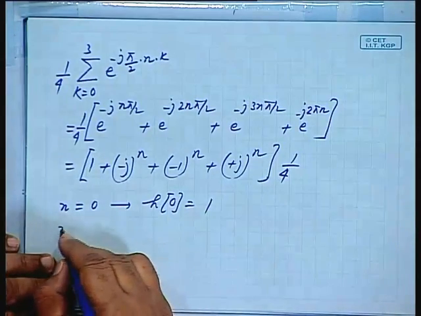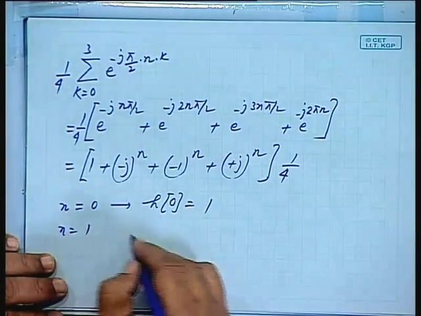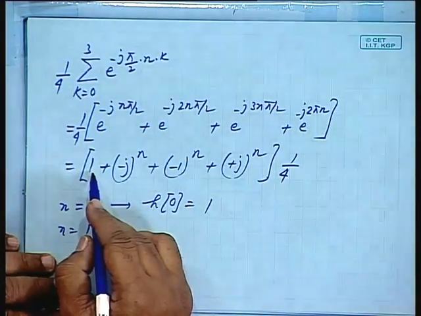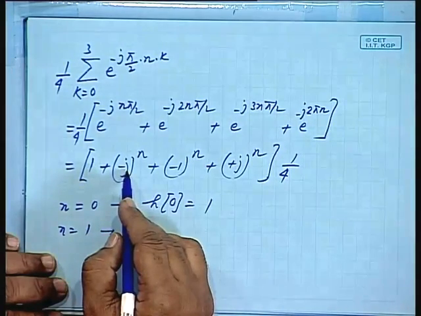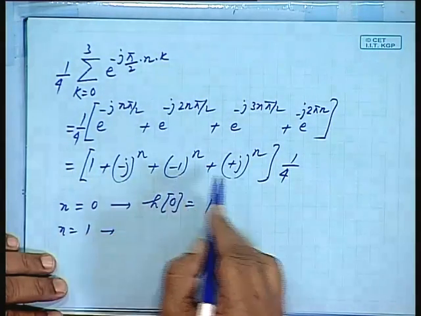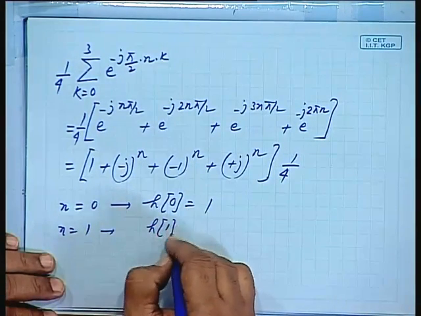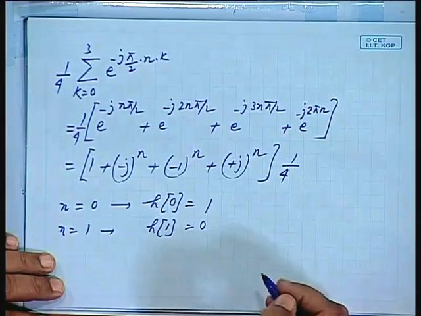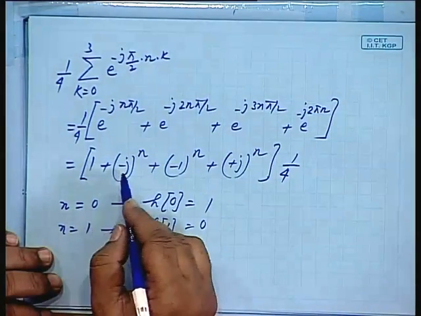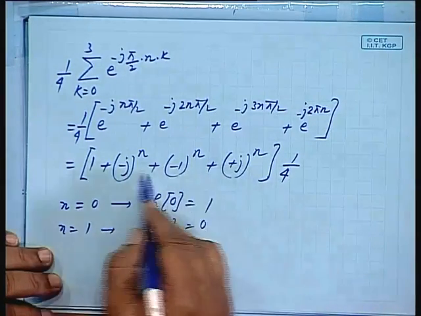When I put n is equal to 1, this is 1 minus j minus 1 plus j, it becomes 0. Sorry, n is equal to 0, it is 1 1 1 1.